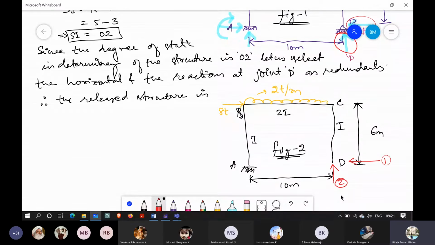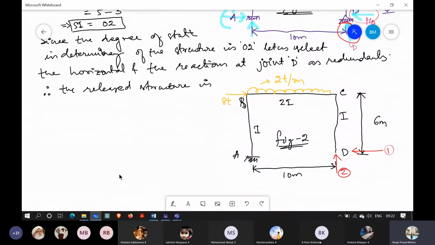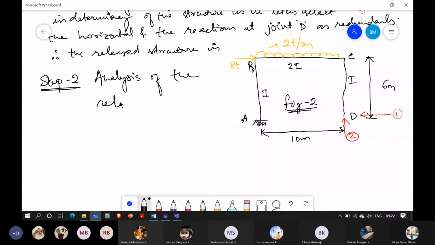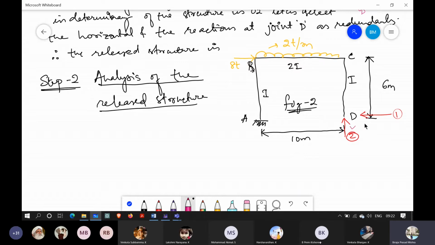The next step, step 2, is the analysis of the released structure. How are we going to analyze this released structure? This 1 and 2 are only the coordinates.